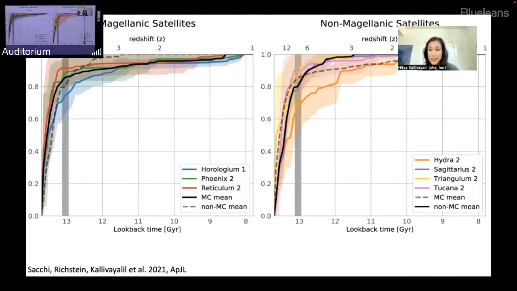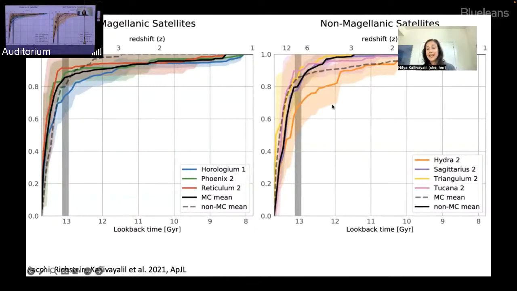But if you look at the means for these subsamples, so the ones that are coming in with the clouds as opposed to the ones that are Milky Way associated, the clouds mean is shown in gray here, okay, and the Milky Way mean is shown in black. And again, I don't want to overstate this result because it is very much within errors, but there is tantalizing evidence that the LMC-associated dwarf galaxies are able to maintain forming stars for longer than the Milky Way system.